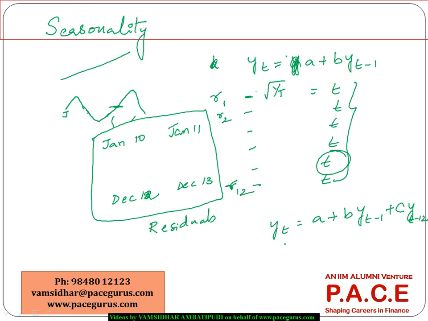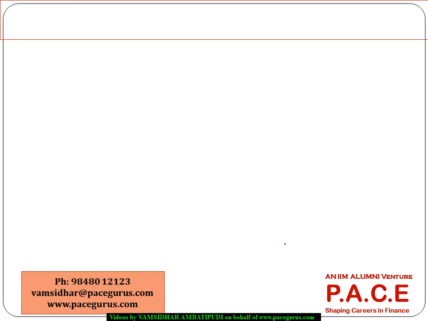Then the other important thing I would like to bring in, just to add a little flavor here, is the understanding of conditional heteroscedasticity, which we have discussed a little as part of our multiple regression process.